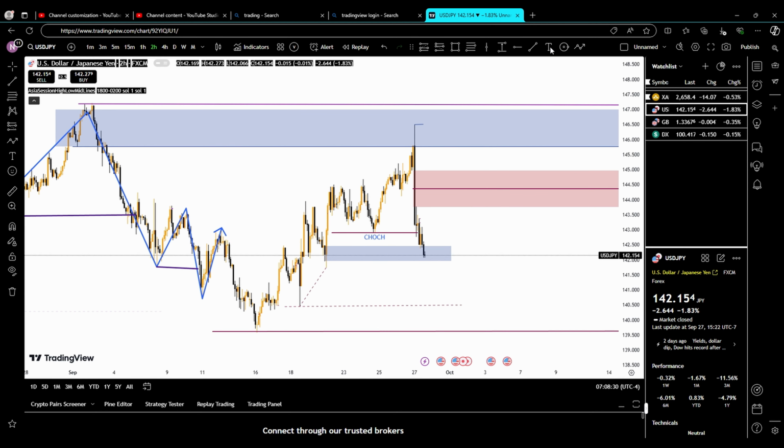Okay, you notice the market came down, break structure again, and spiked up. It gave us a change of character, right? If you can see, and gave us another change of character.